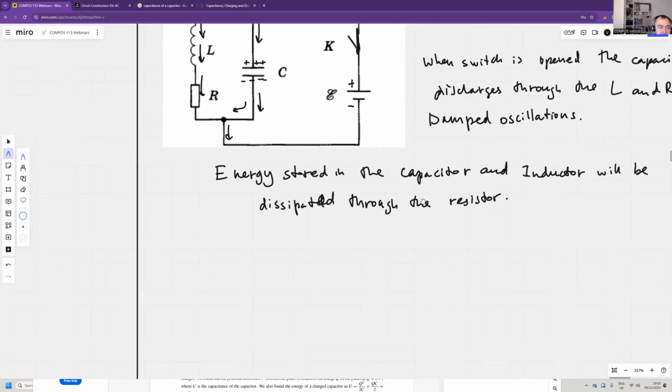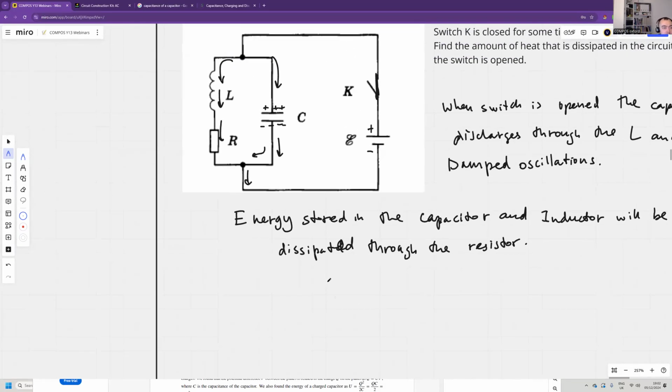Effectively, it's an energy sink. This is the energy source, and this is the energy sink. But the capacitor is not an energy sink. A capacitor stores energy, and the inductor stores energy.